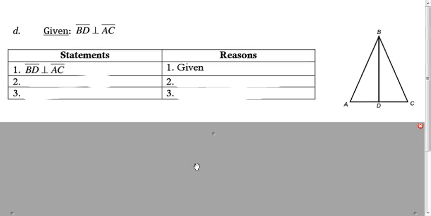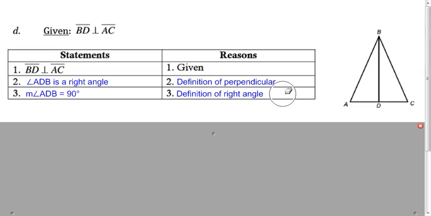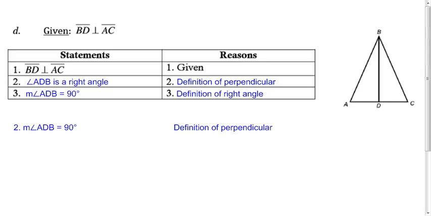And for D, those are perpendicular. So since they're perpendicular, we have a right angle. And depending on the problem, you can say that the other one is a right angle, angle CDB. And since we have a right angle, we can also say that it measures 90 degrees. Now, we've been allowed so far to just jump from step 1 down to this step.